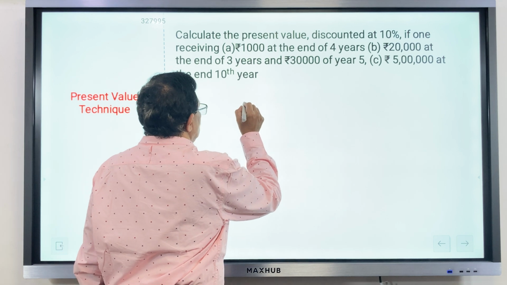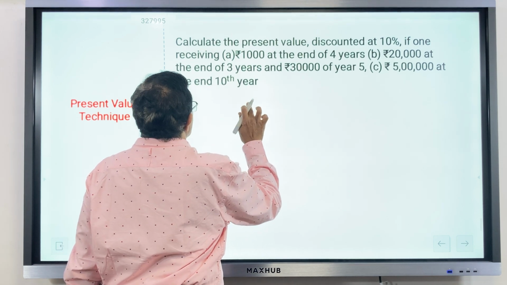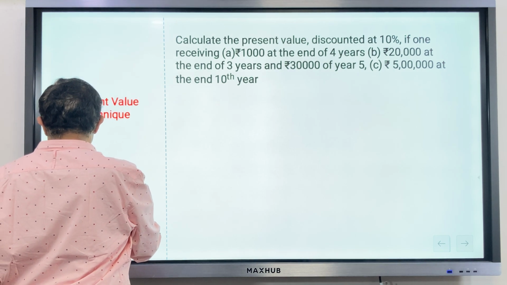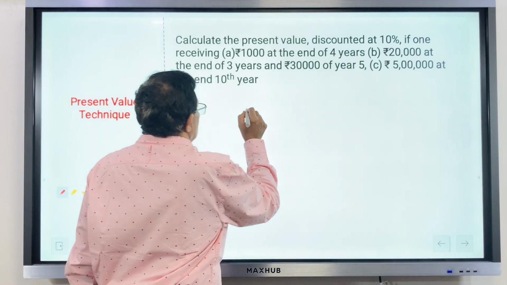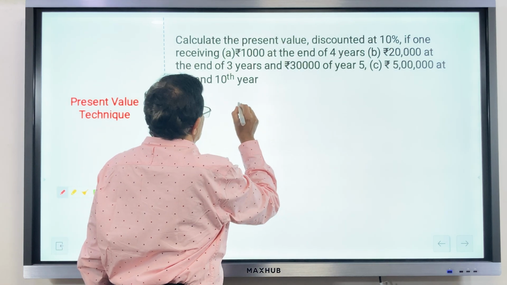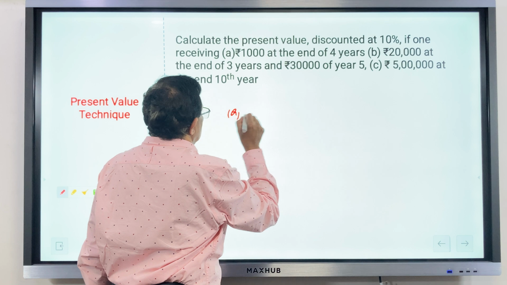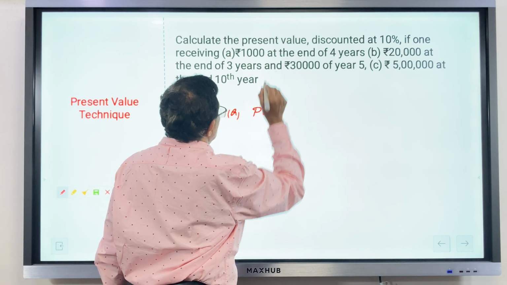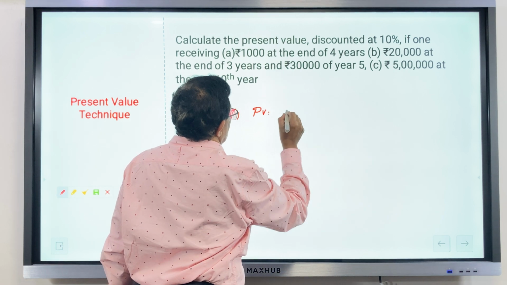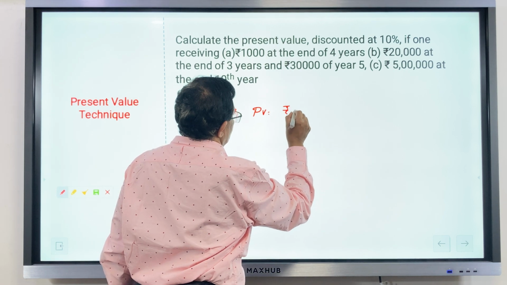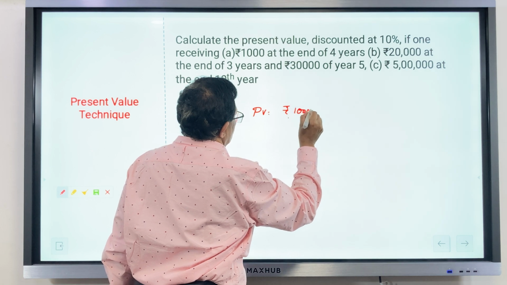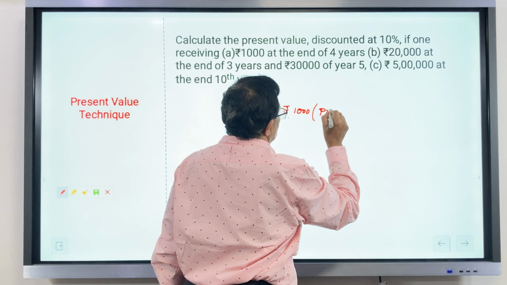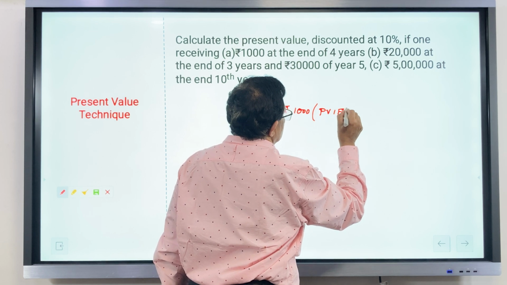So the present value here, the first bit I am doing, present value is equivalent to rupees 1000 into present value interest factor. This is what we need to take.